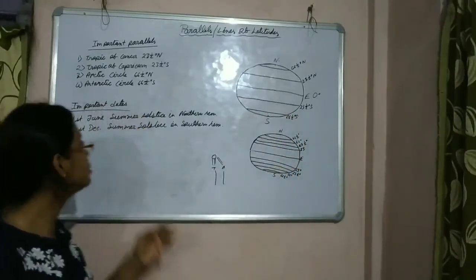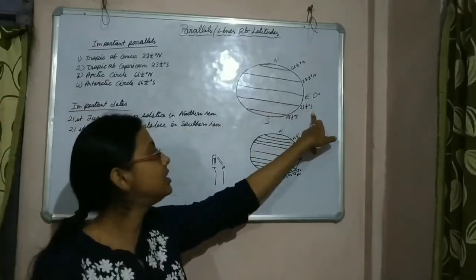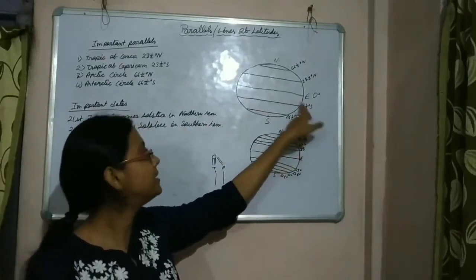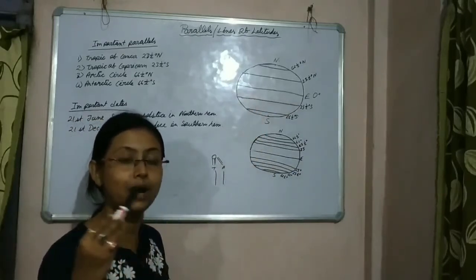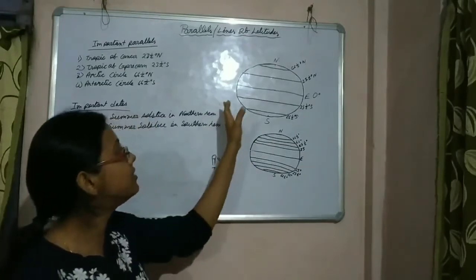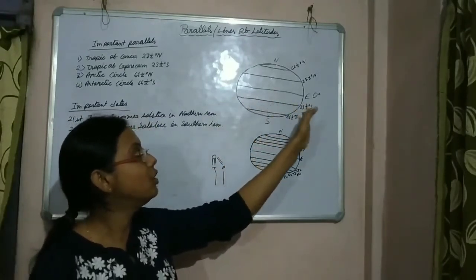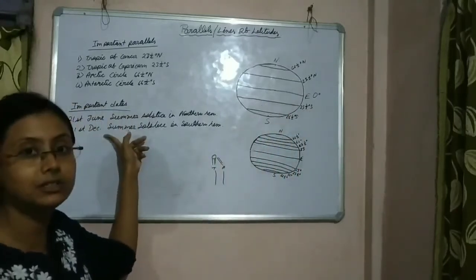Just the opposite, on 21st December, the same thing happens in case of 23.5 degree S latitude. That is, the earth, while revolving around the sun, reaches a certain point where the sun's rays fall vertically on the 23.5 degree S latitude on this day, 21st December.